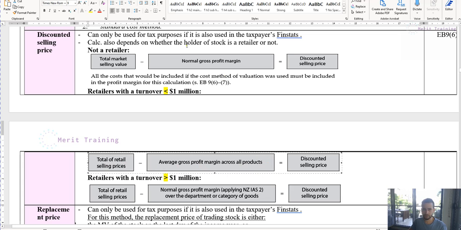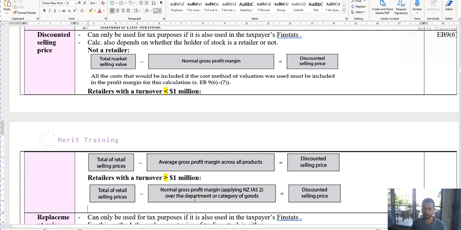And the only difference between this is normal versus average. So similar, but slightly different, right? Equals your discounted selling price. And then if you've got a turnover of greater than $1 million, it's the total of retail selling prices minus your normal gross profit margin, applying NZIS 2 over the department or category of goods. So you actually have to split those by department as opposed to all products. That's probably the key difference here.